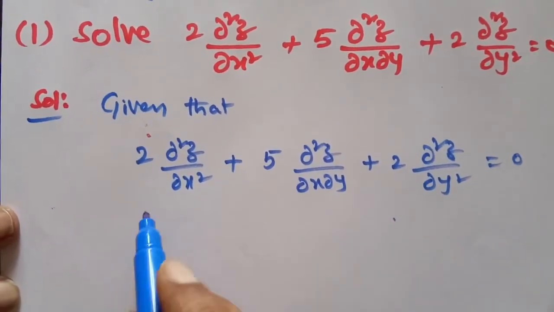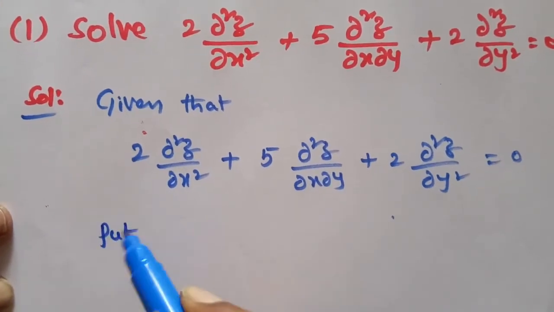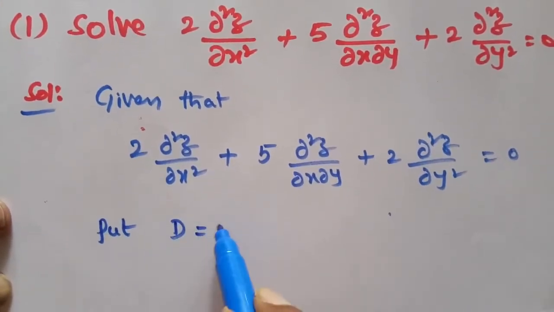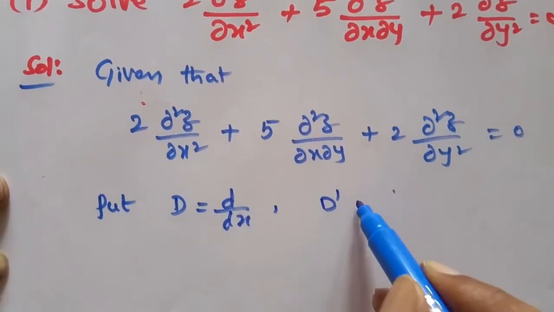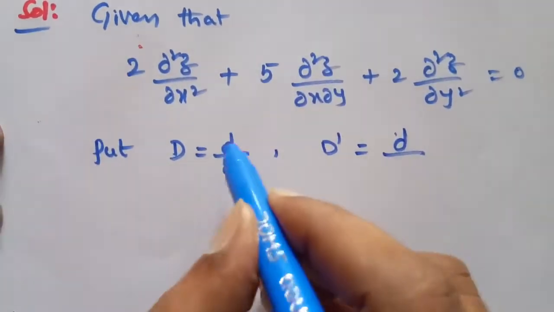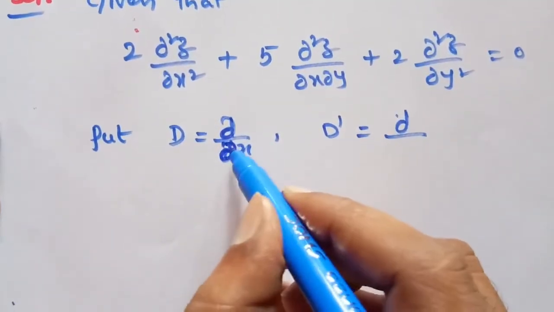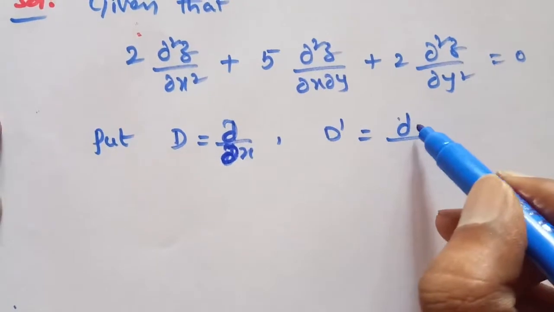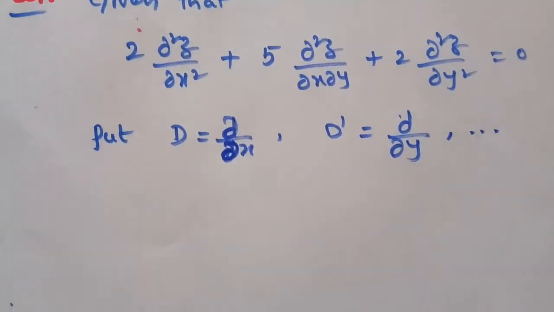For this, first we have to put capital D equal to ∂/∂x and D dash equal to ∂/∂y and so on.